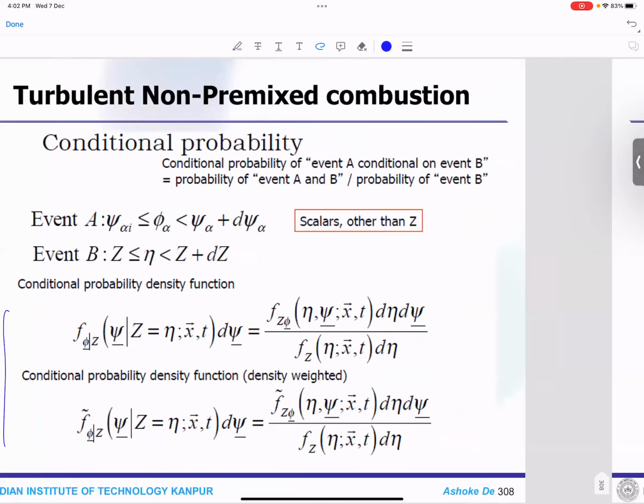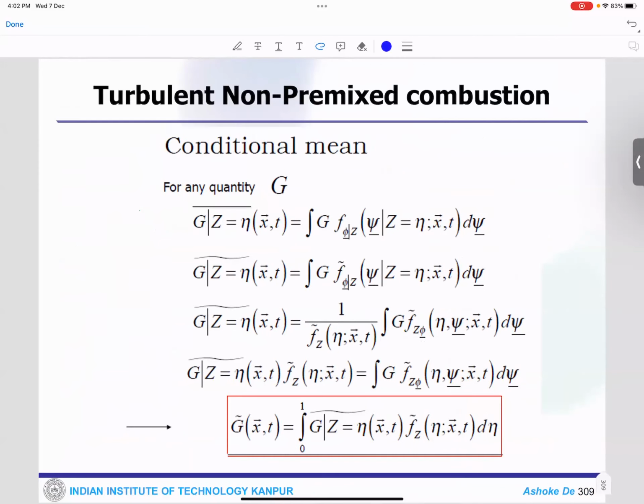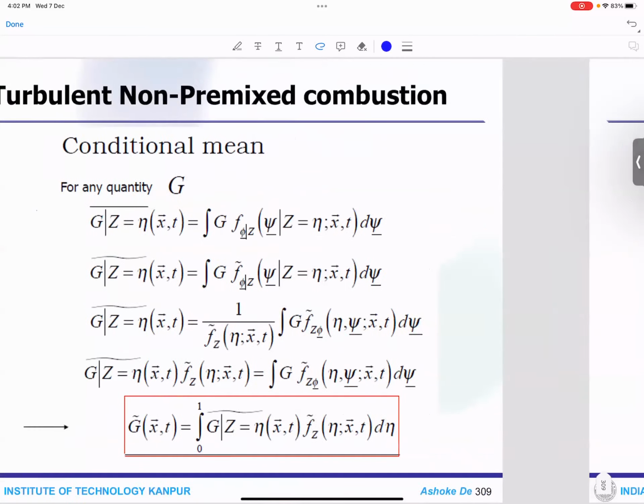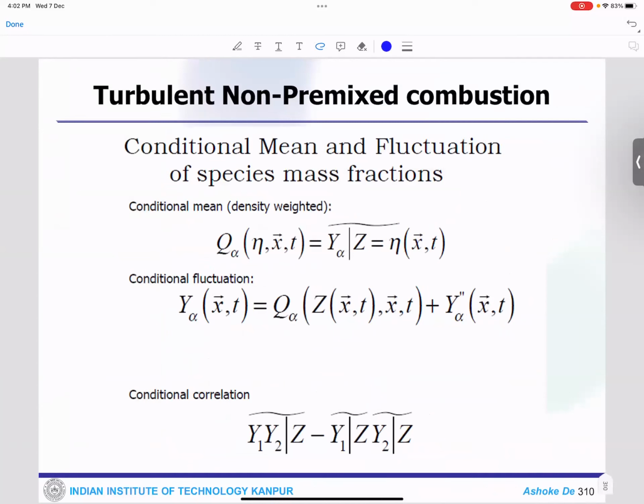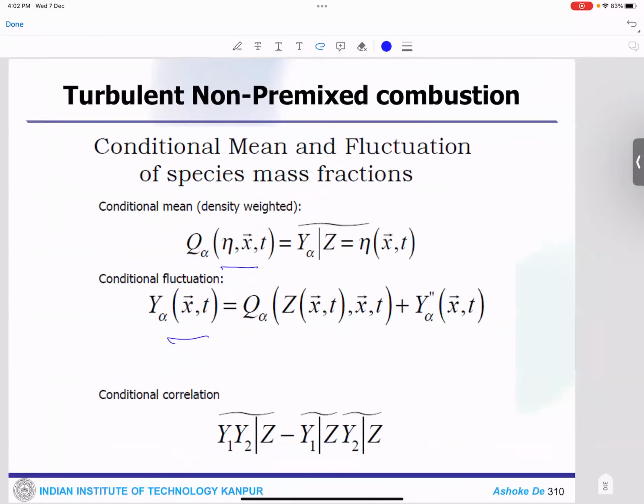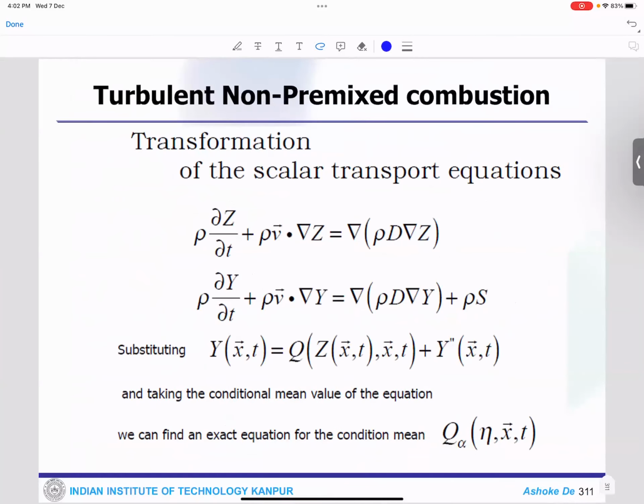So you get this conditional mean with the density weighting, and the conditional fluctuation also. Then you have the correlation, and you solve the transformed species transport equation in the mixture fraction space.